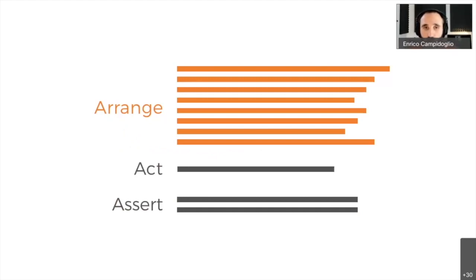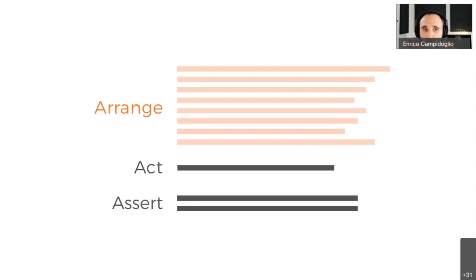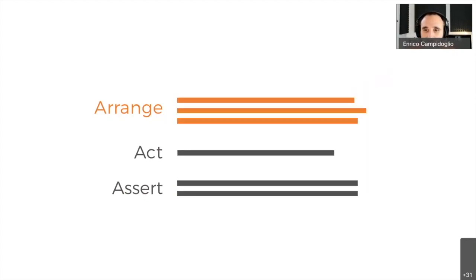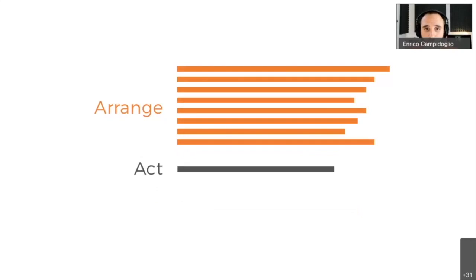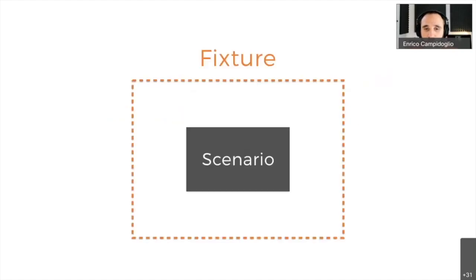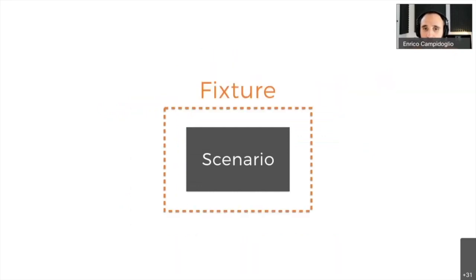Now what we want to do with AutoFixture is reduce the size of this arrange so that it contains the minimal amount of context that we need for a particular scenario. In other words, if the scenario ideally would require a certain size of context, we want a fixture to match that size.